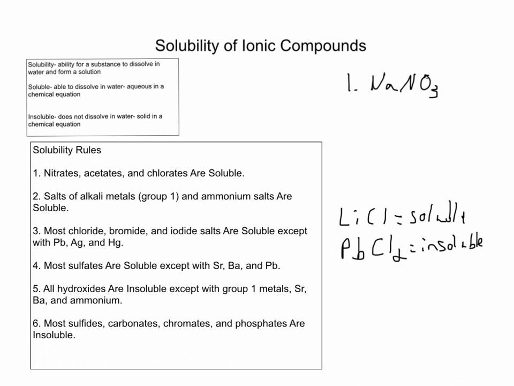Is this soluble or insoluble? So we will do Sr(OH)2. Well, this is a hydroxide, OH, so we look at our hydroxide rule, and it says all hydroxides are insoluble, except when with group 1 metals, strontium, barium, and ammonium. Well, our metal is strontium, so that is one of our exceptions, and this salt would be soluble.